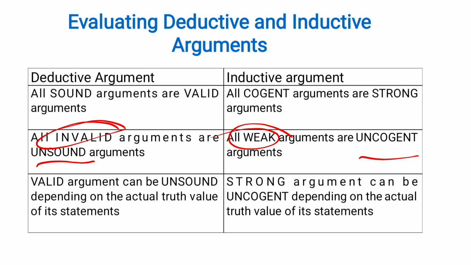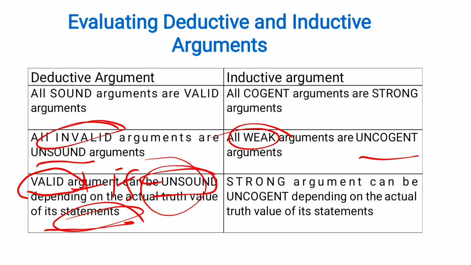And valid arguments can be unsound depending on the actual truth value of their statements. That means if the argument is valid and has a false premise, it can be unsound. Whereas in the case of an inductive argument, a strong argument can be uncogent depending on the actual truth value of statements. That means if the argument is strong and has a false premise, it can be uncogent.